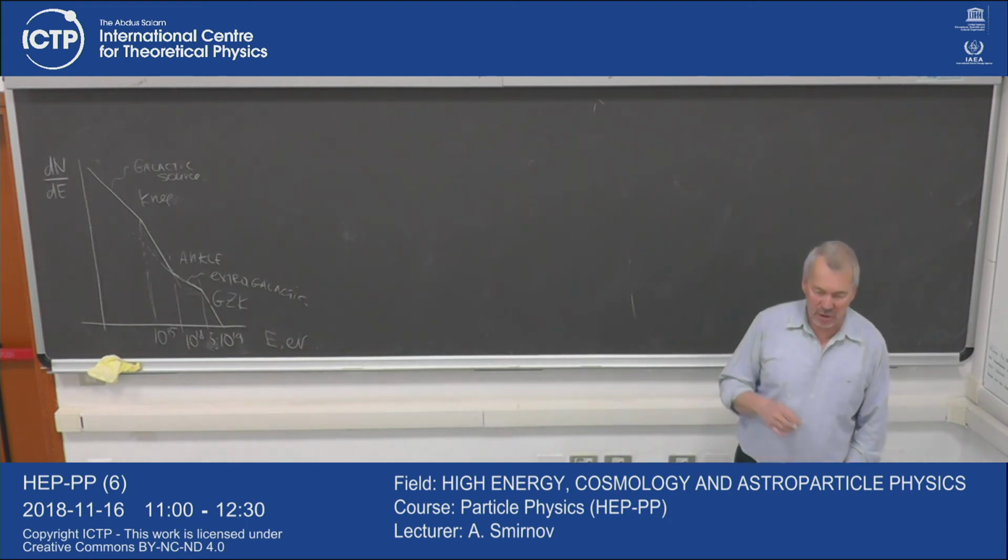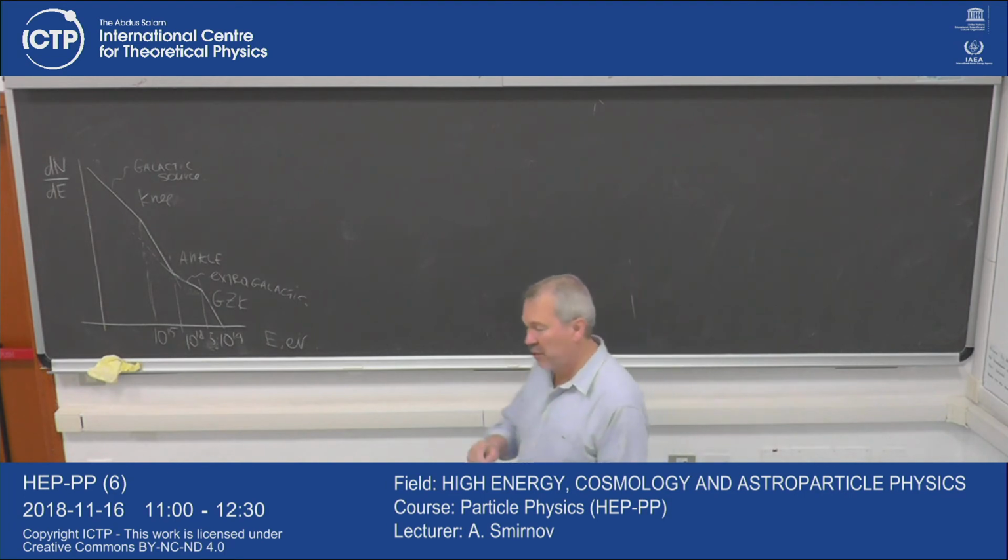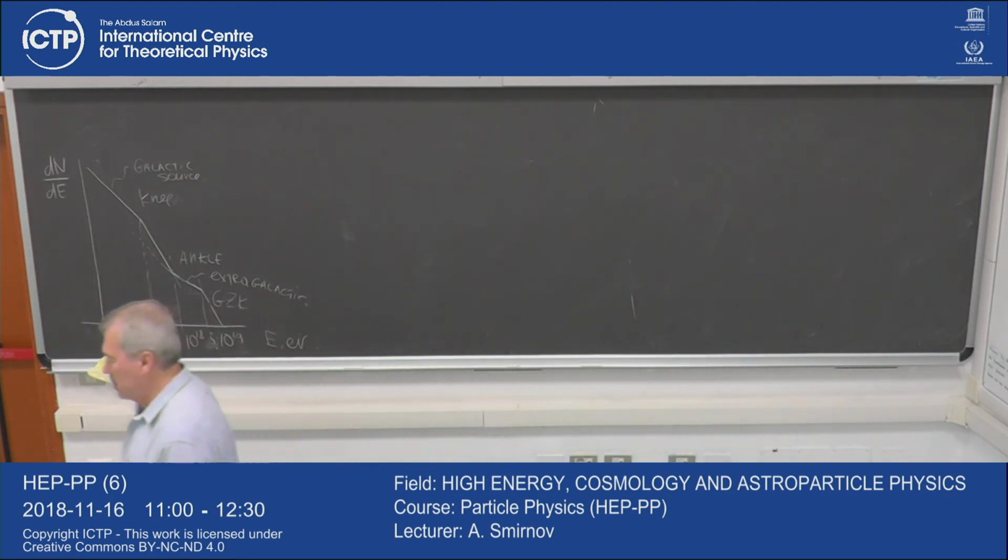We know this radiation is 2.7 Kelvin, and we'll have an exercise to estimate this energy. So what's going on? The cosmic rays traveling in this cosmic microwave background radiation at some point start to have inelastic collisions. After some threshold energy, not below, they start to produce pions and other things, and they lose energy.